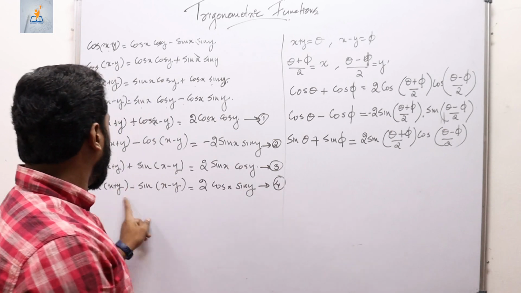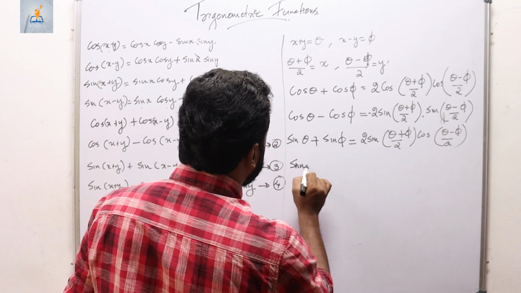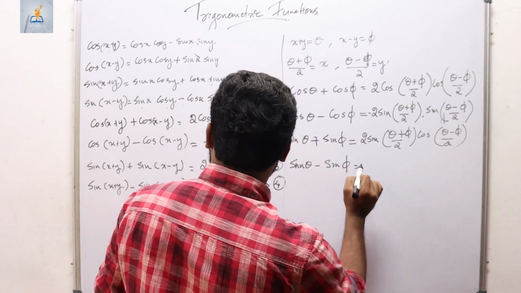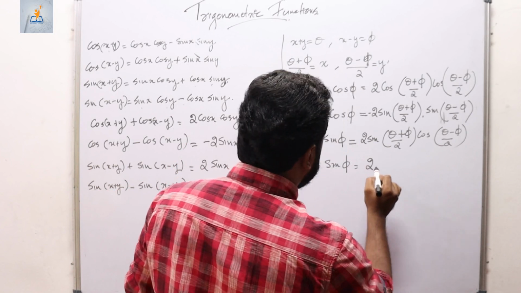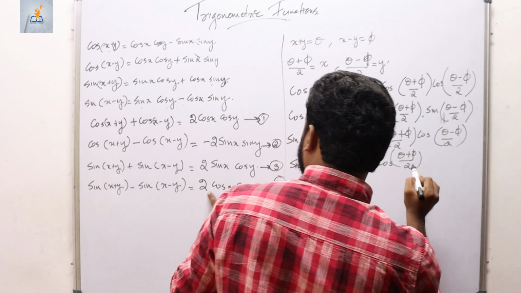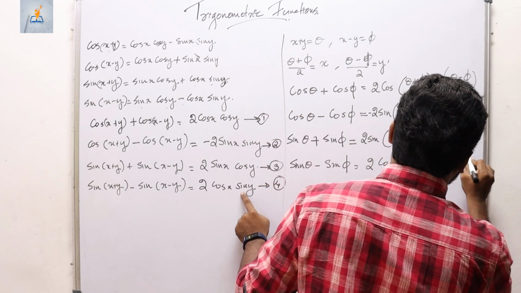Okay, again coming to the last one we do the same. So it will become sin theta minus sin phi equal to 2 cos of (theta plus phi)/2 into sin of (theta minus phi)/2.